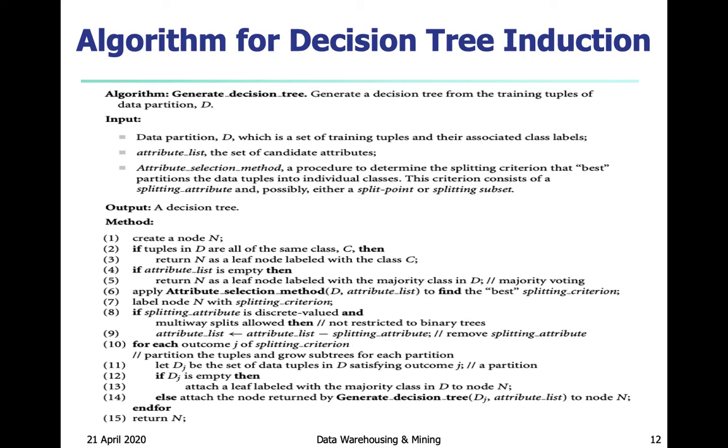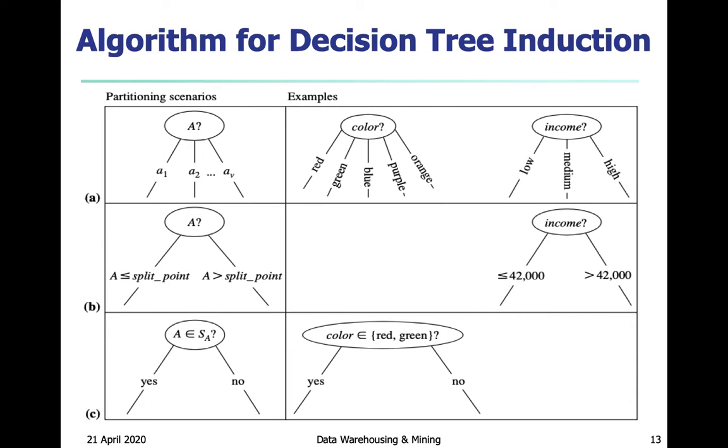So what are the scenarios that we will discuss? These are the scenarios. Let A be the splitting attribute, and A has V distinct values, A1, A2, A3, up to AV, based on the training set. Suppose A is discrete valued.